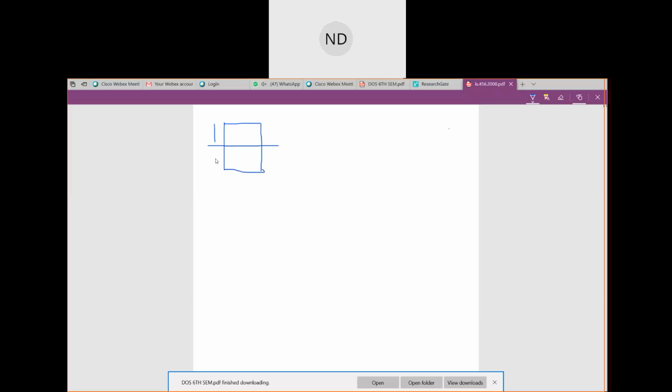Its depth is D. D is the depth here. We have the width, supposed to be B.